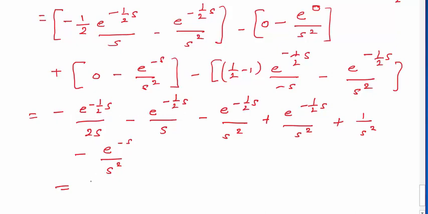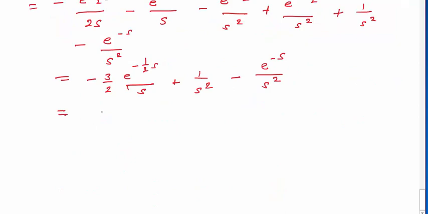When we add, we will get minus 3 divided by 2 e raised to minus half s upon s. Then this term and this term will cancel, plus we have 1 upon s square minus we have e raised to minus s upon s square.